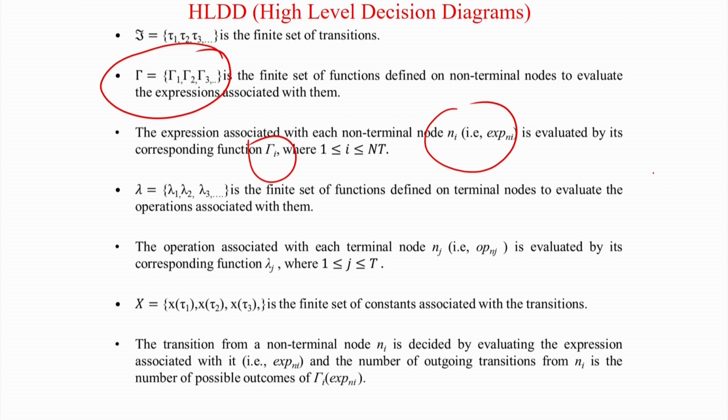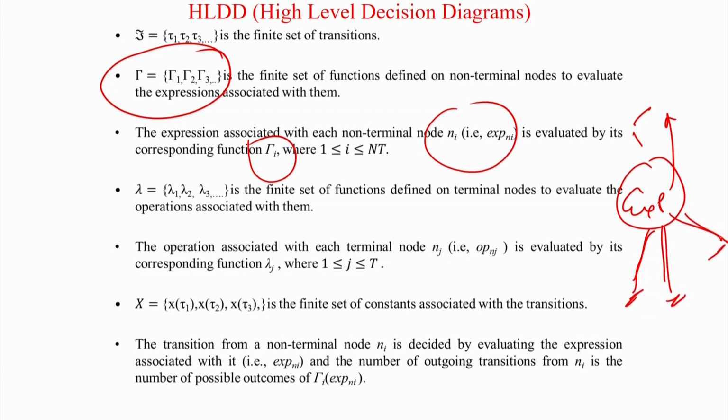That means if you have a non-terminal node, you will have some expression internally, that is expression Ei, and there is a function which will evaluate this expression, and based on the evaluation you are going to take the outgoing transition. If this function on this expression is true for this path, it will take this, or it will take this, or all transitions will have some fixed marker condition whose truth will tell whether it will go or not. That means each non-terminal node's expression is fixed. The function associated with each non-terminal node will operate on that, and then it will find out some answer.